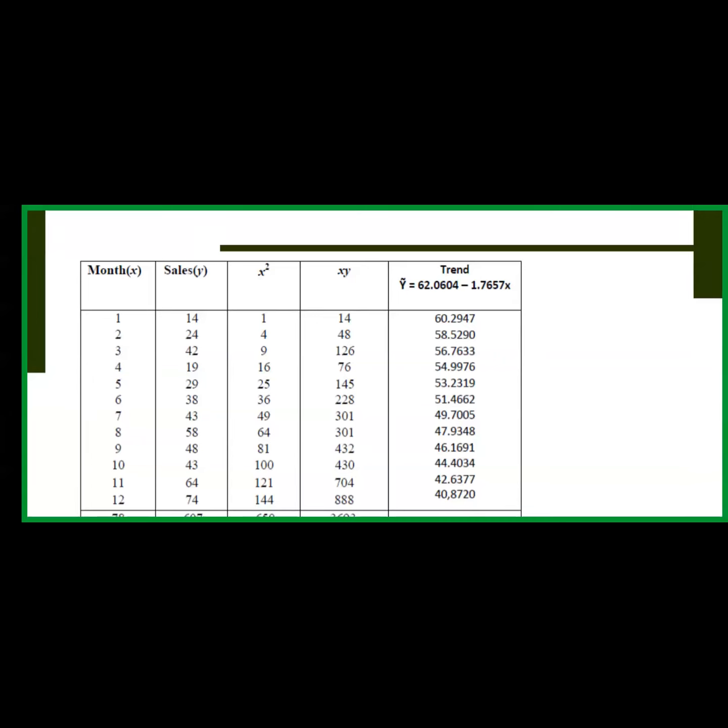You have to use our own trend, which is 12.55 plus 4.42x, right? So we'll do it for each month. Let's start with month 1. Put 1 in place of x and give me the answer.